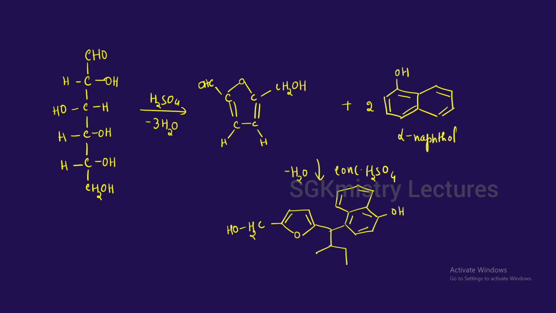Now again, since I've taken here 2 moles of alpha naphthol, one more alpha naphthol group will be attached here. So double bond here. So we have again a benzene ring with the OH group, right? So now again, we know that there is sulfuric acid that is present, because of which you can see that here the furan ring is as such, here CH2OH. So now we have here the conjugation continues.